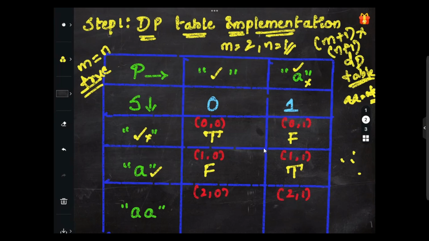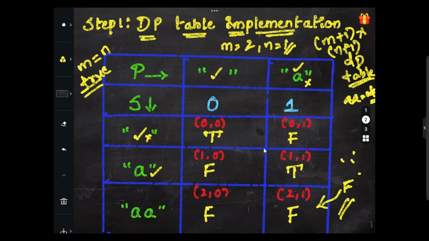So a doesn't match the empty string, this is false, and the second a doesn't match the single a either, so this will be false as well. This is the final dp table. You can clearly see dp of 2 comma 1 is false.